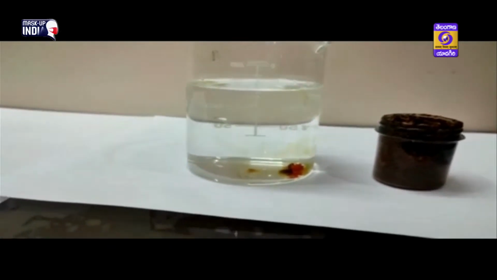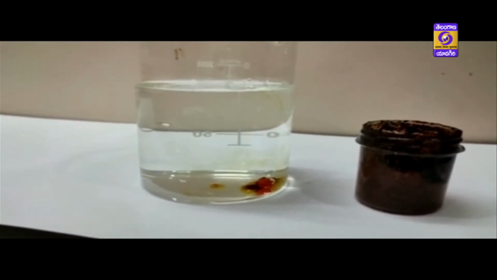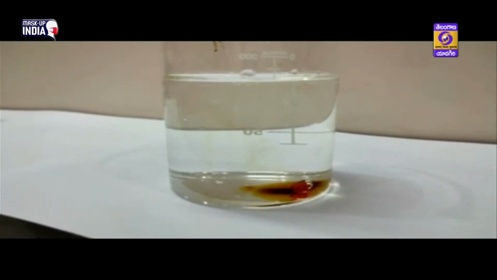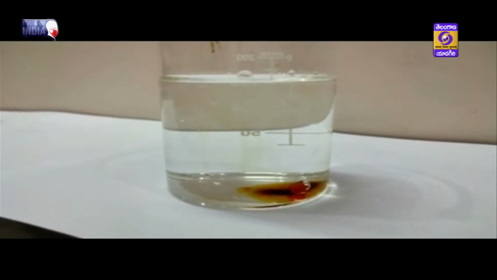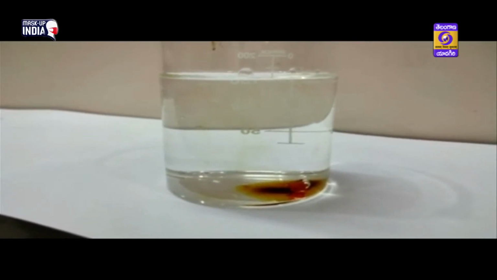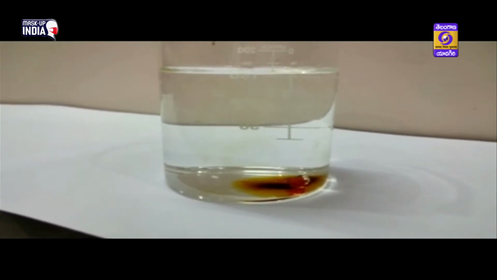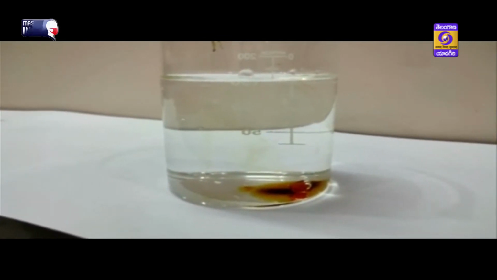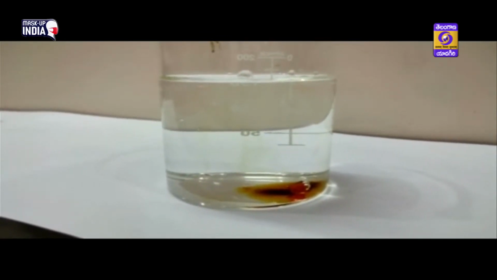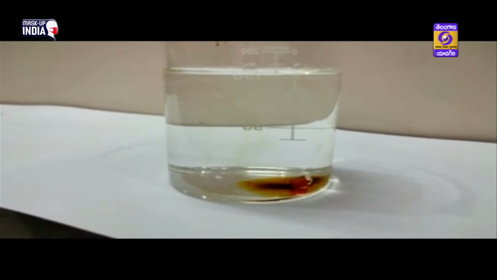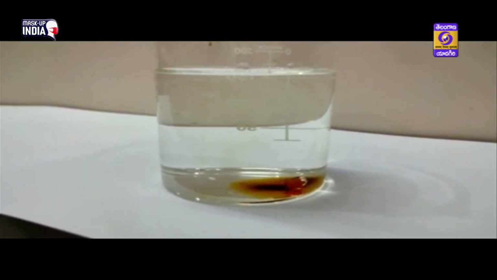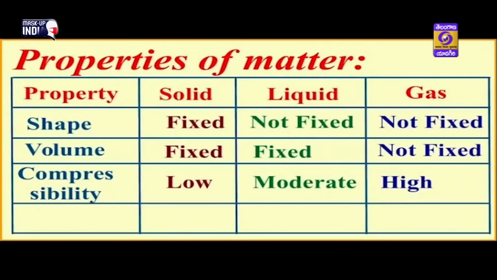And observe carefully. The potassium dichromate is diffusing into the water slowly. Are you observing, my dear children? That means we can confirm that the diffusion of solid is very low.